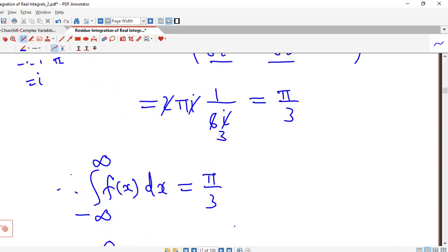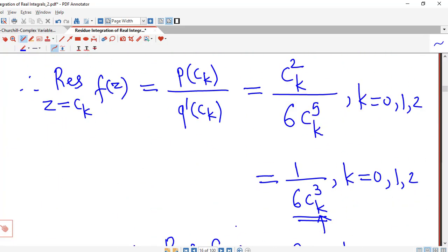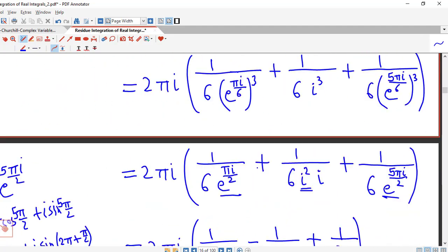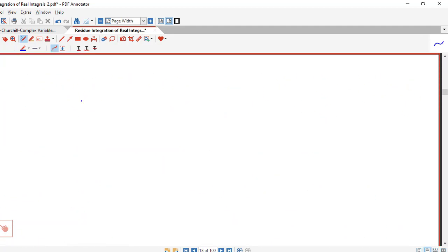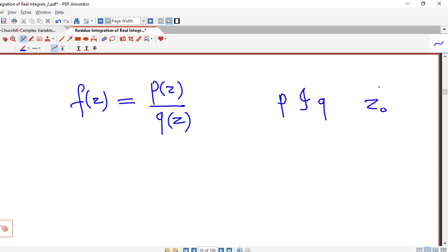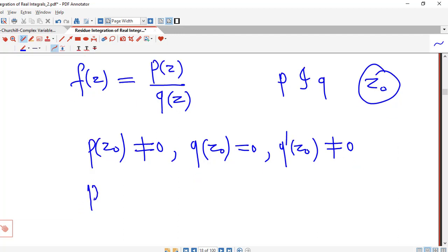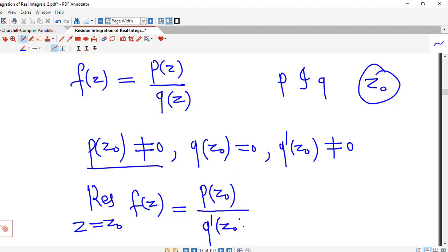Okay, so in this way we can apply residue theorem in evaluating certain types of improper integrals, and here in calculating residues we have used this result that we have discussed in an earlier lecture also, that if function f of z is a division of two analytic functions, that is p and q are analytic at point z0, value of p at z0 is non-zero, value of q at z0 is 0, and value of q dash at z0 is non-zero, then residue of f of z at z equal to z0 is given by value of p at z0 divided by value of q dash at z0.